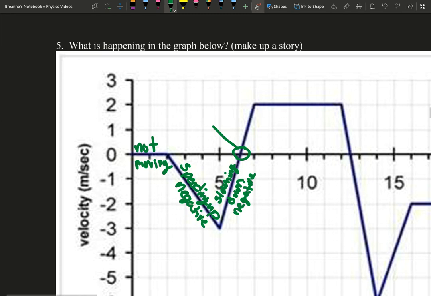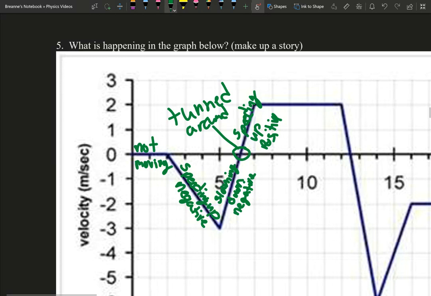You have turned around. You're now officially going in the positive direction. So you're now moving in the positive direction, and your numbers are getting bigger, so you're speeding up in the positive.